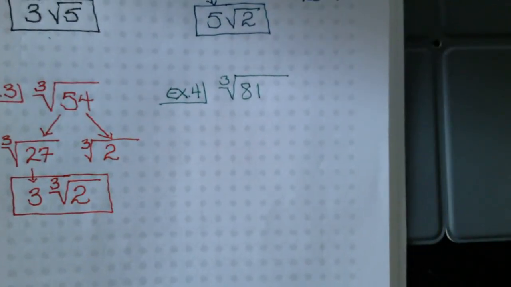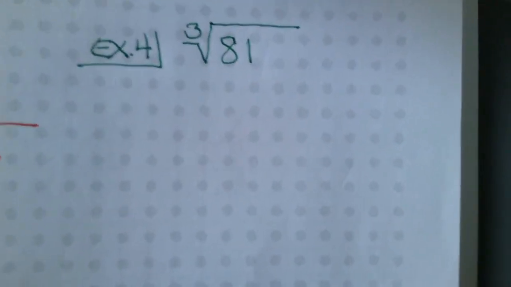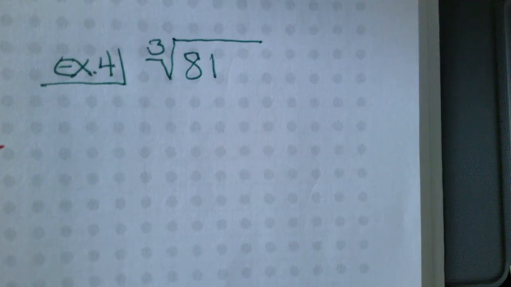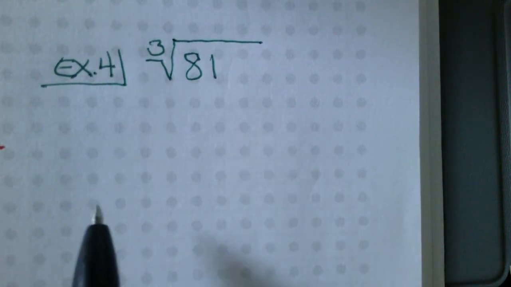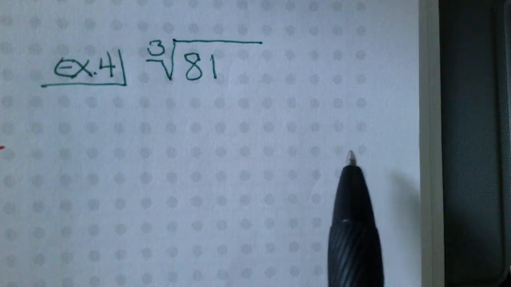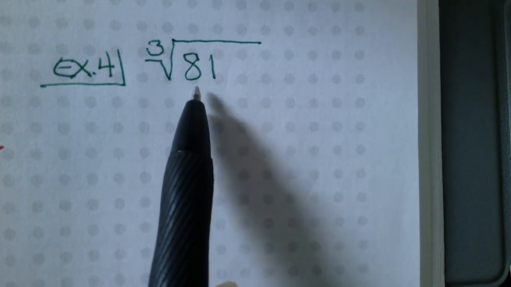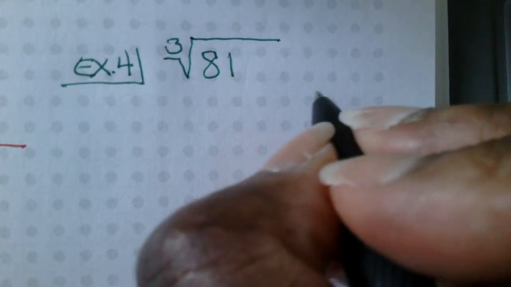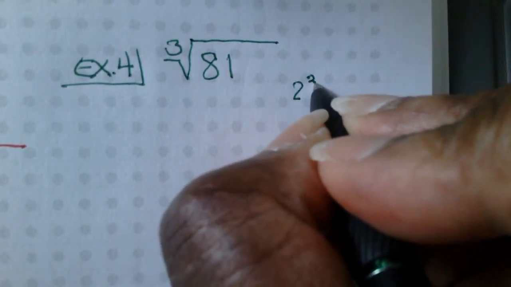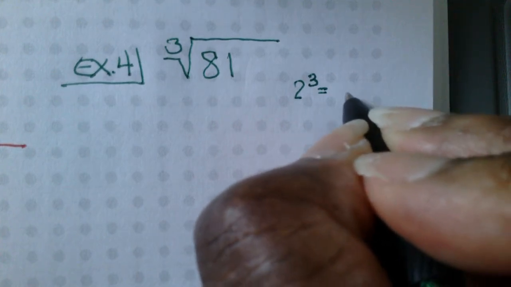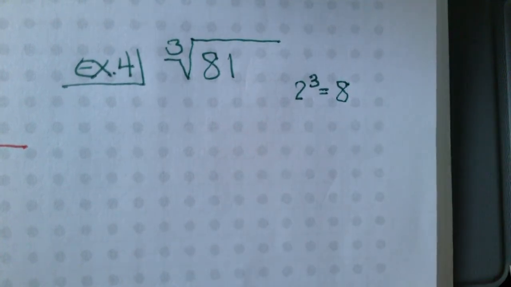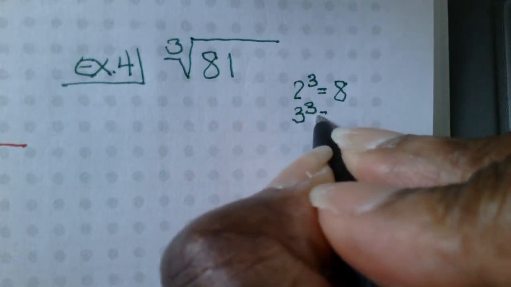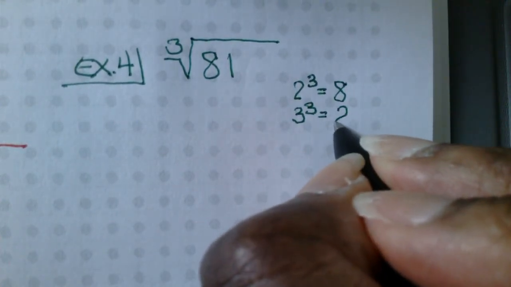So we're looking at the cube root of 81. So we have to think in threes. So what number multiplied by itself 3 times can either get me 81 or get me close to 81? So if we think about it, we have our 2 to the third power. So that's 2 times 2 times 2, which gives us 8. Then you have your 3 to the third power, which is 3 times 3 times 3, that gives us 27.